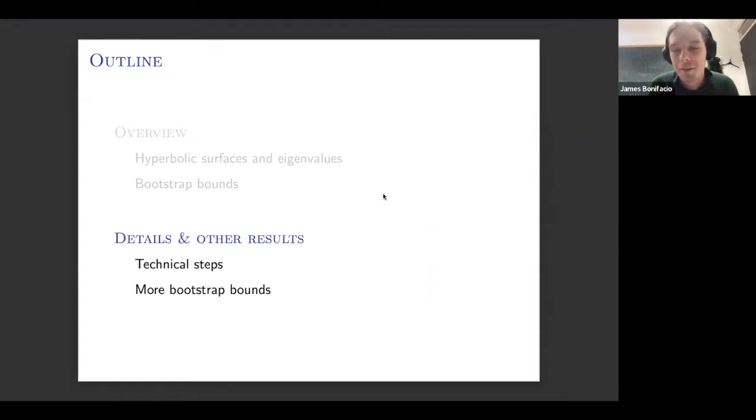It works most easily and most nicely in 2 dimensions for reasons that I'll say in a minute. But in the part where I talk about more bootstrap bounds, I'll show some results in general dimensions. But so far, the most impressive results have come from 2 dimensions, just because things simplify a lot for obvious reasons.